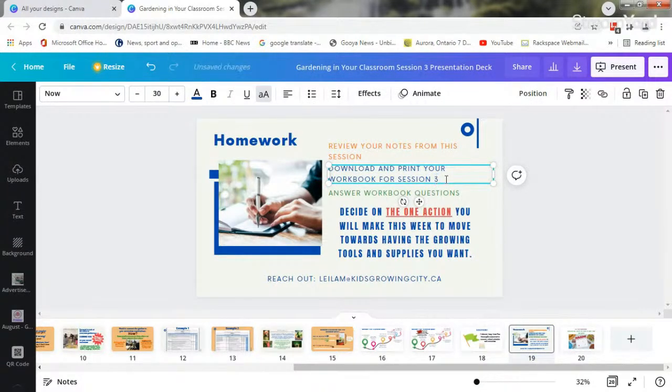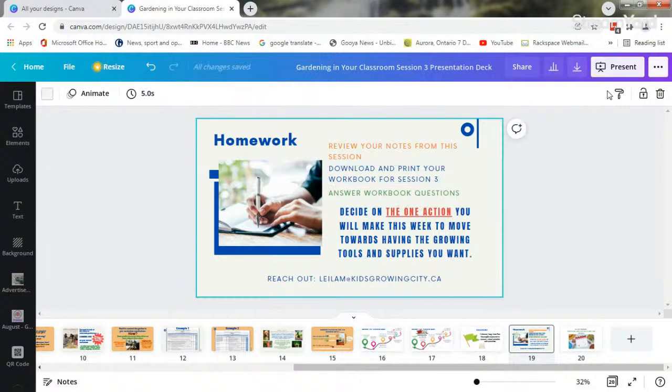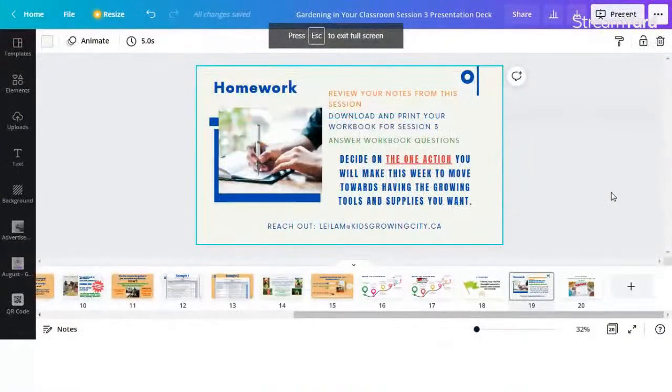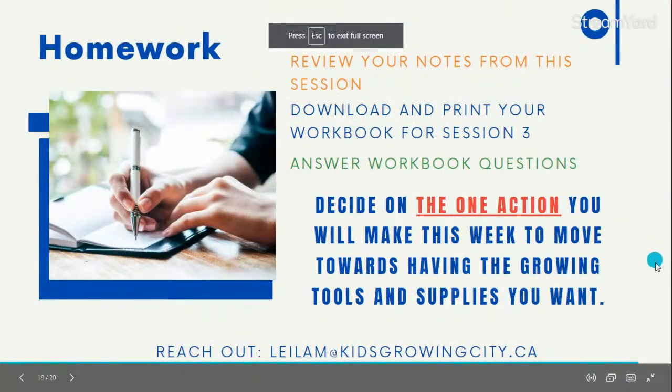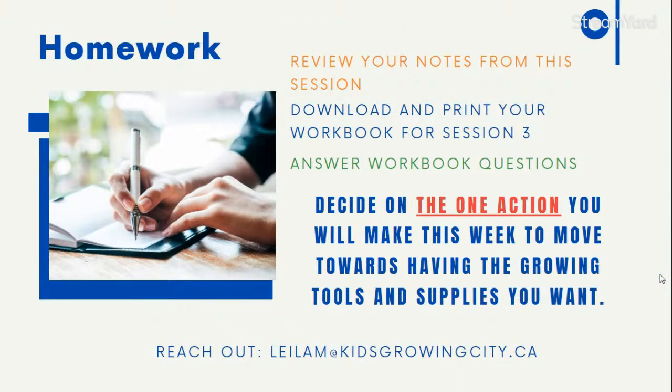That's a copy-paste mistake, as you can imagine. So go do that. Answer the workbook questions and decide on the one action you will take this week to move forward towards having the classroom garden of your dreams.